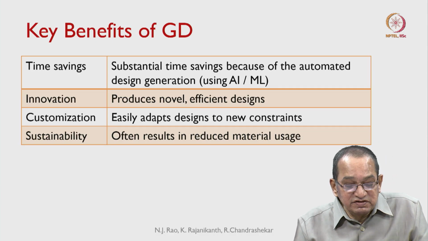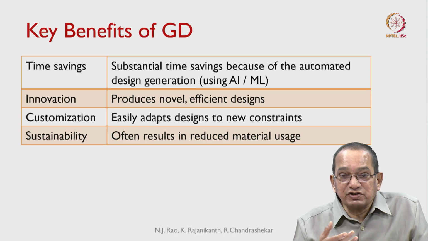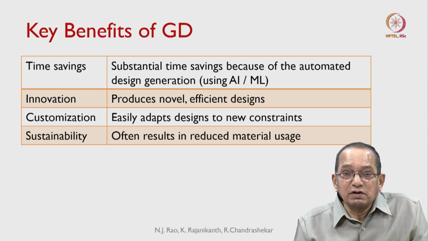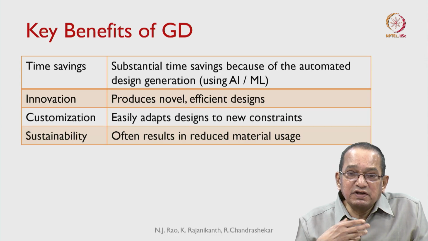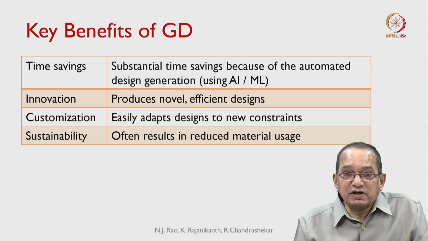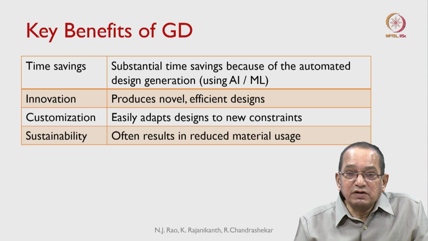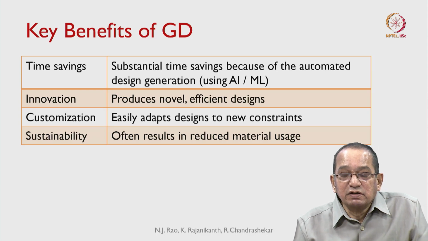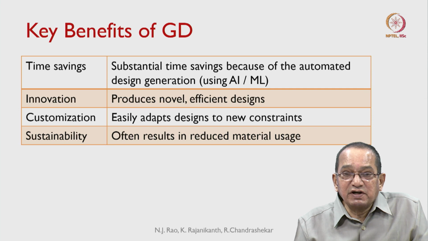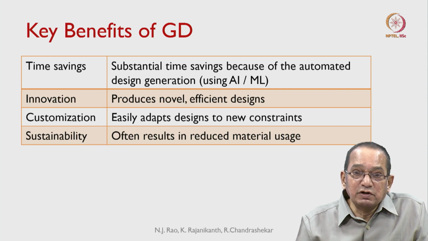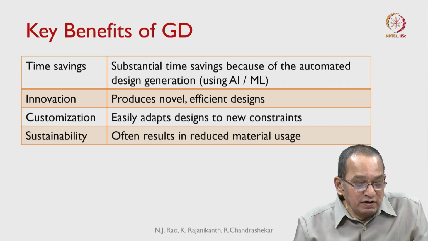Customization: it easily adapts designs to new constraints. If the constraints change regarding any of the features like materials or cost or efficiency, it is very easy to modify the constraint and ask the system to redesign. So, the system can very easily adapt to these changes in the constraints, because the algorithms are all machine algorithms.